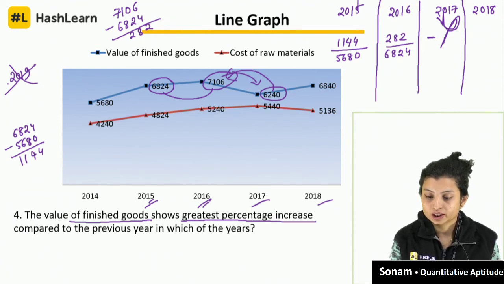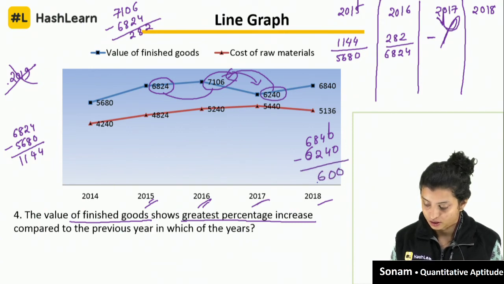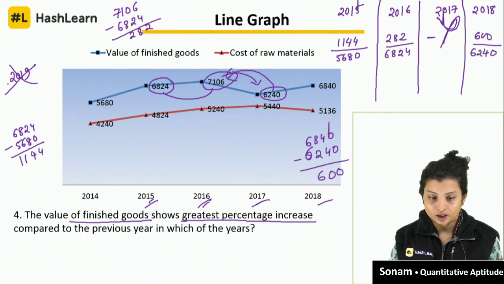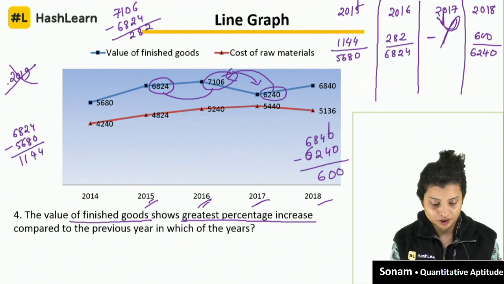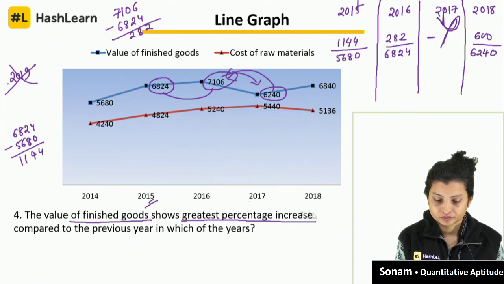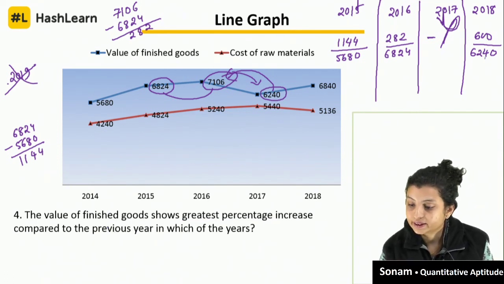Okay, let's do for 18, 6840 minus 6240, so that is 600 over 6240. Okay, now let's do the approximation. Remember we have learned how to do the approximation, correct? Let's see here.